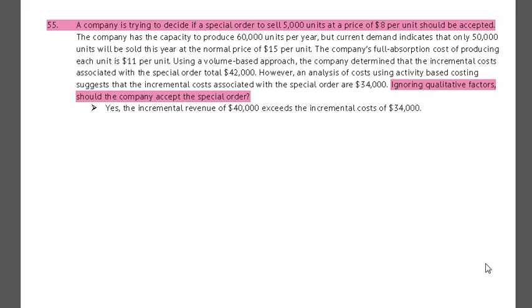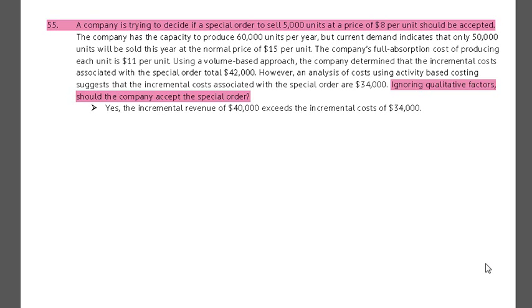In this problem, it states that if the company decides to do this special order, it would be 5,000 units at $8 per unit, which would be $40,000. But it also states in this problem, after you read through everything else, that there was an analysis of costs using activity-based costing that suggests incremental costs associated with the special order would only be $34,000.